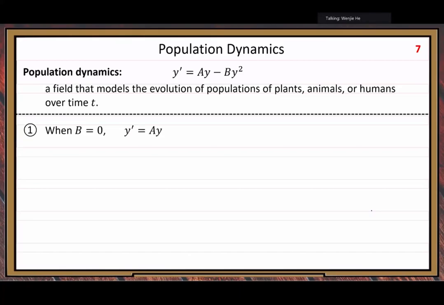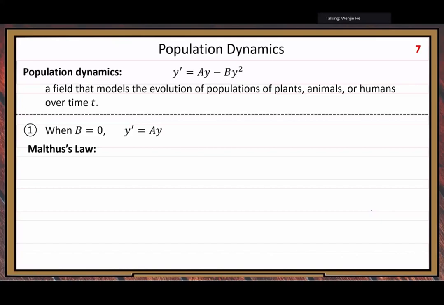So the equation is y prime equals a times y, but this is exponential increase forever with no limit. It keeps growing. But at the early time, Malthus law. Have you heard of that?